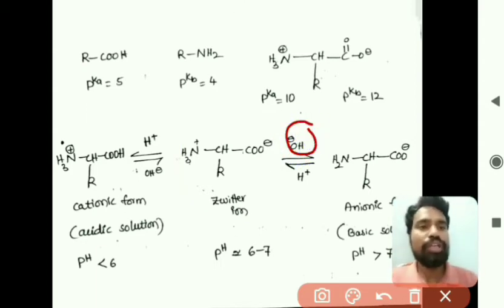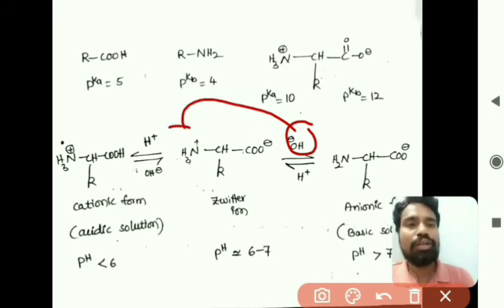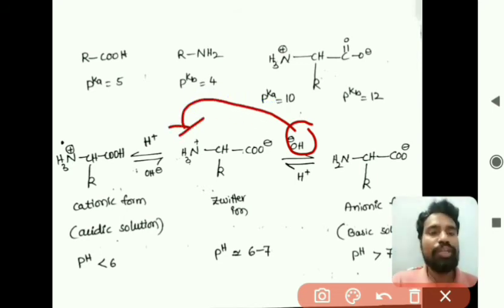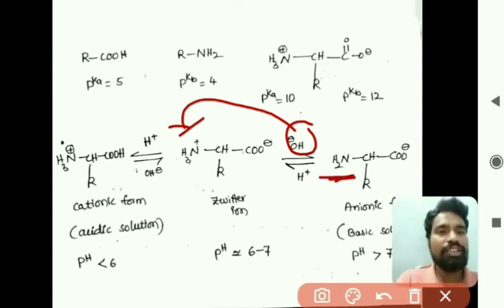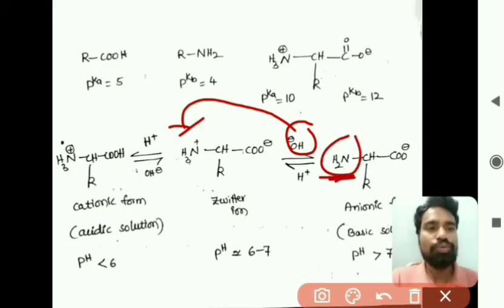Now these OH minus ions will take one hydrogen from the aminium group, that is NH3 plus, so the NH3 plus will become NH2, right?